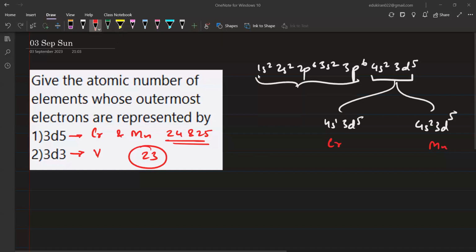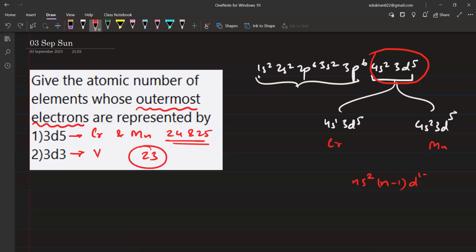It is just saying the outermost electrons. So both of these you will consider as outermost, because when you write the outermost electronic configuration of d-block elements, you write ns2 and then (n-1)d1 to 10. Also, where is the last electron going? It is going in the 3d, right?